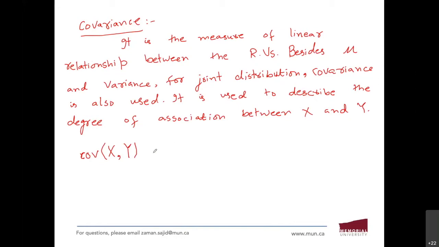And its formula is expectations of x minus mu of x multiplied by y minus mu of y.